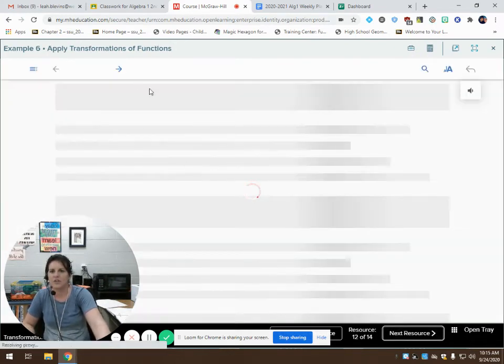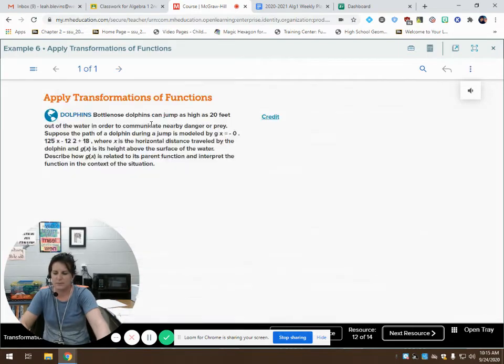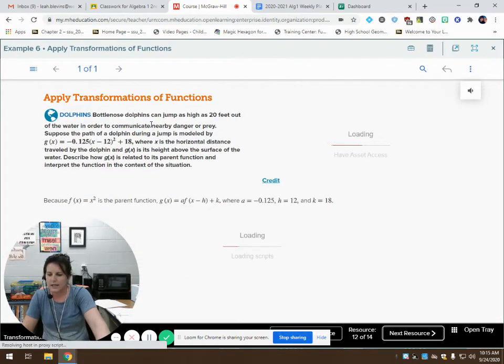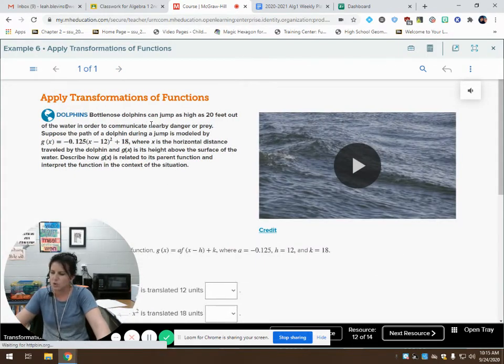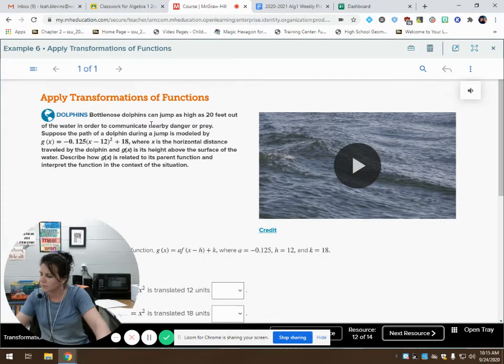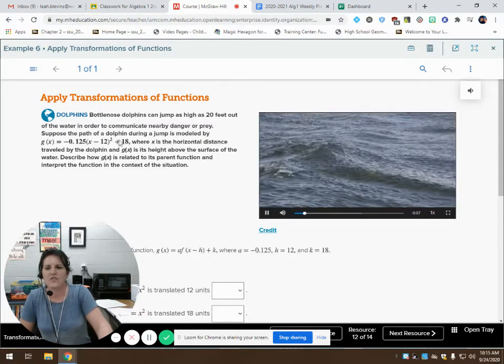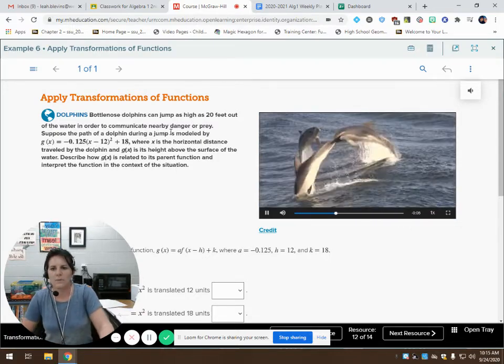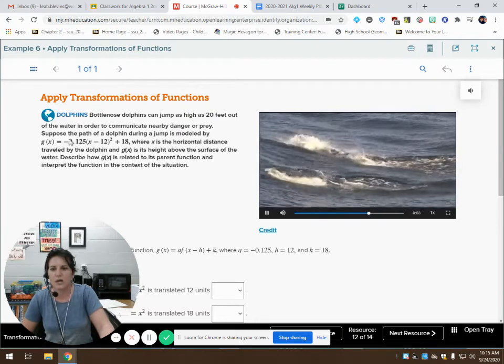Okay, applying another transformation of functions in example 6. Example 6, I believe, is on page 61. All right. Dolphins. Bottlenose dolphins can jump as high as 20 feet out of the water in order to communicate nearby danger or prey.